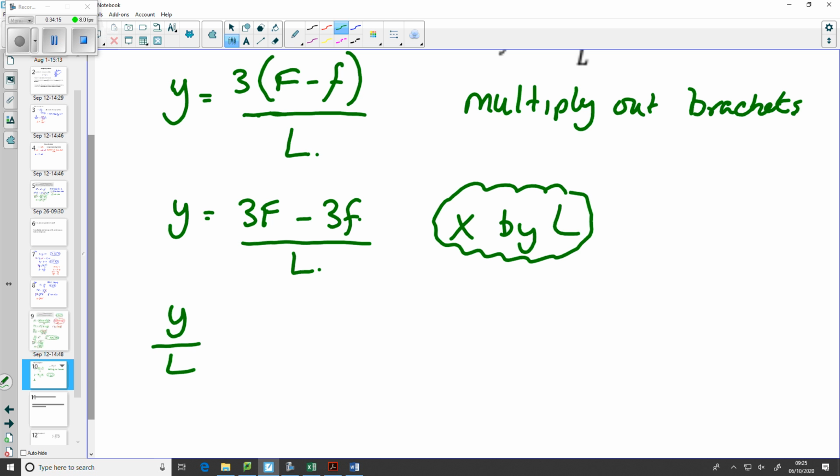Y over L on this side leaves 3F minus 3 little f on that side. Y times L. Spotted my deliberate mistake. Y L, yeah. So multiplying by L on this side means the L on the bottom cancels.